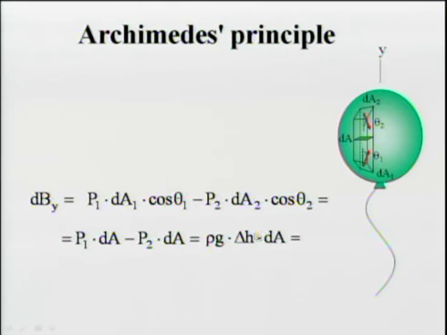Now, if I multiply this height by the cross-sectional area, and particularly if this area is differential, so it is almost a cuboid, or a block, what I'm getting here is the volume of that slice.